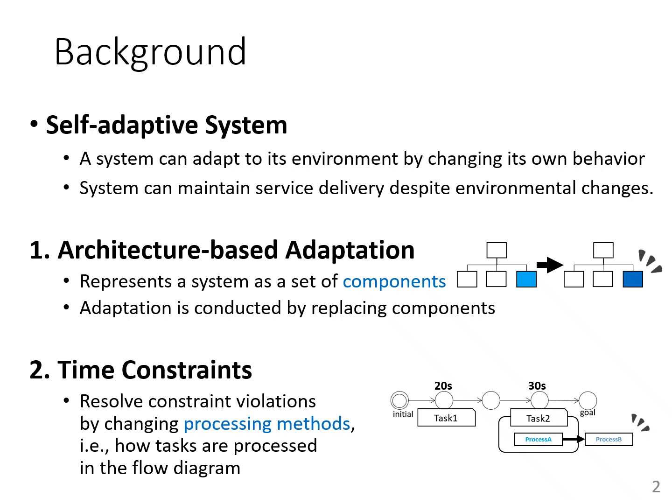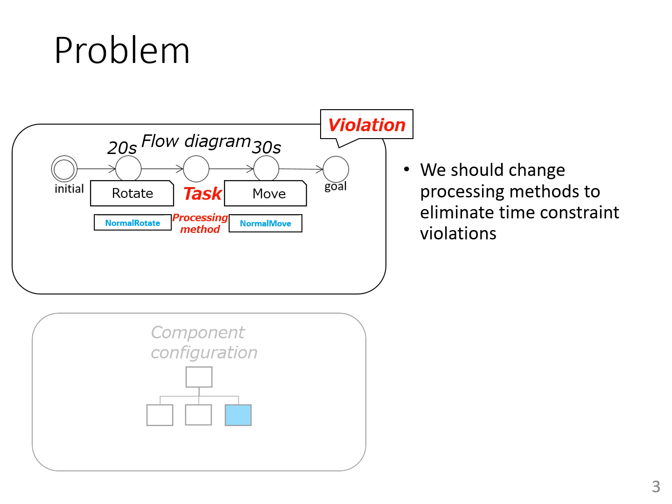Therefore, we need an adaptation mechanism that not only provides component-based adaptation, but also verifies time constraints. We consider such architecture-based self-adaptive systems. But when combining the two conventional adaptation approaches, a problem arises.